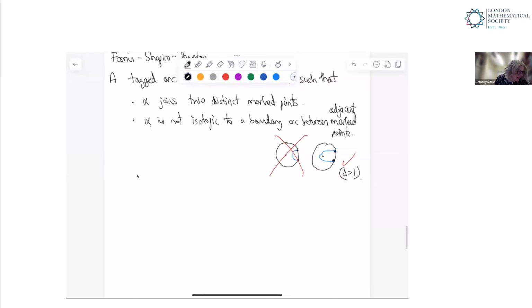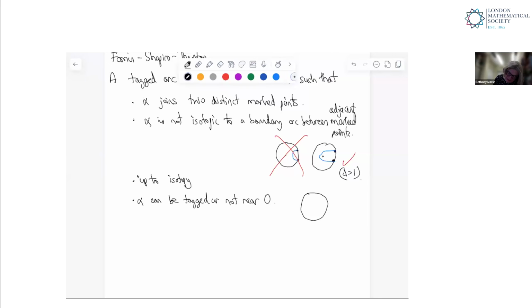Okay, so the paths are up to isotopy, which just means you can pull them around. And you can tag the paths or not near O. So if it's not incident with O, then there's no tag.